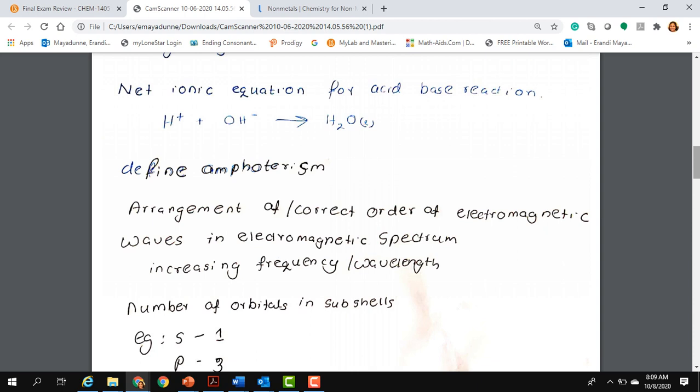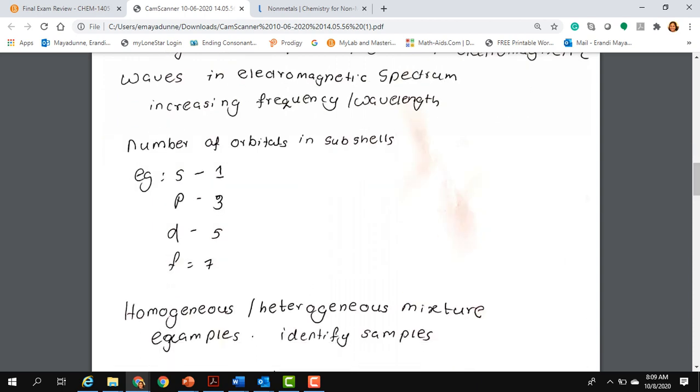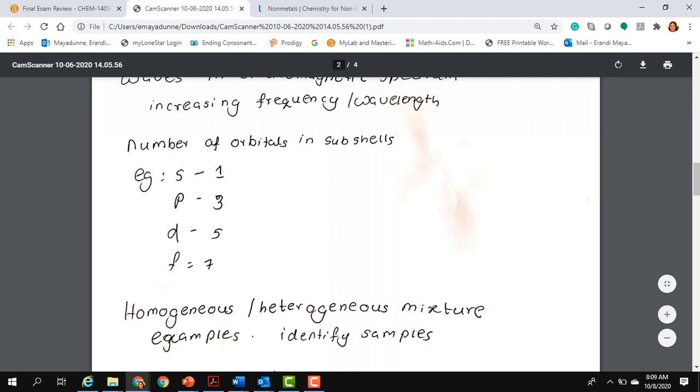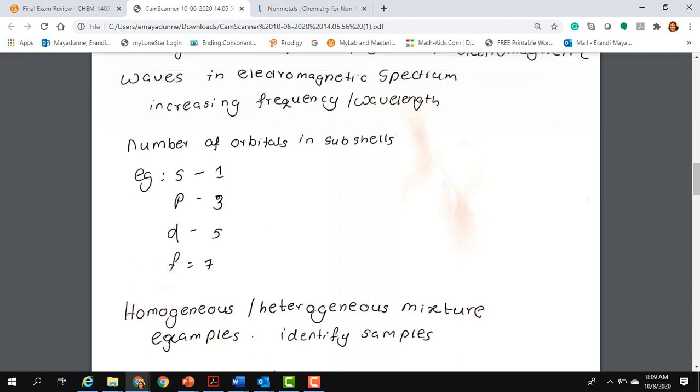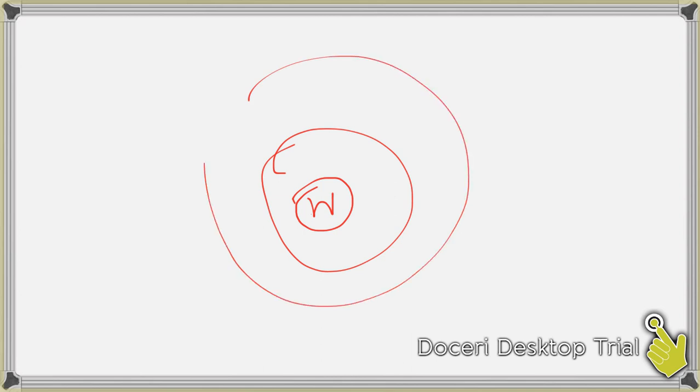Familiar with that? And then quantum numbers, each subshell, how many orbitals, what is the principal shell? Principal shell is one, two, three, like in an atom. This is your atom and the nucleus, and then it goes one, two, three.